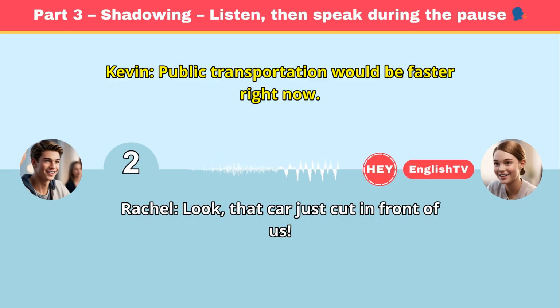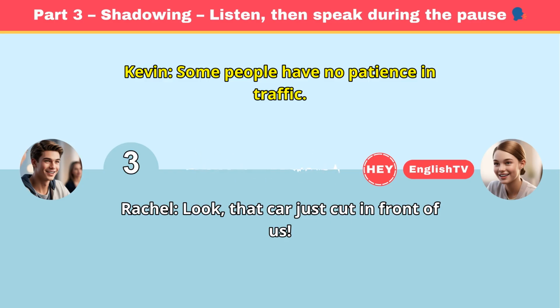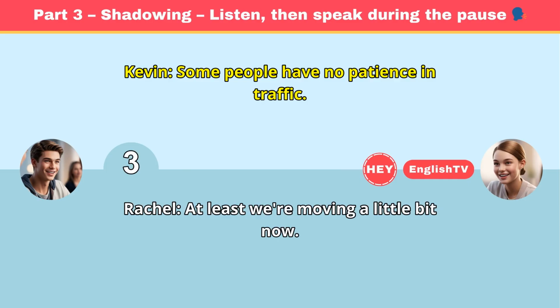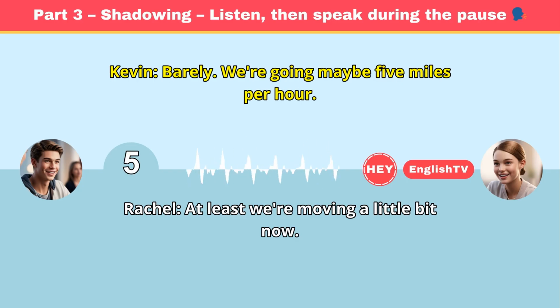Look, that car just cut in front of us. Some people have no patience in traffic. At least we're moving a little bit now. Barely. We're going maybe 5 miles per hour.